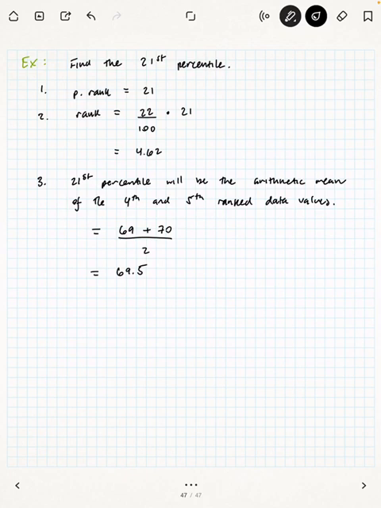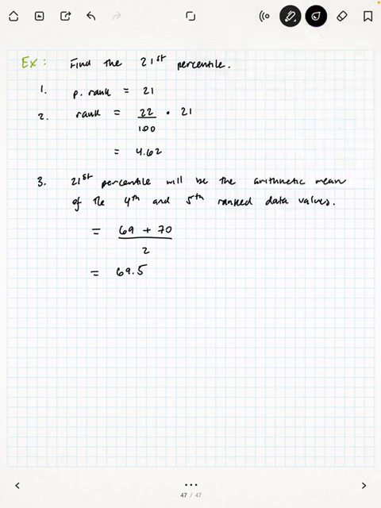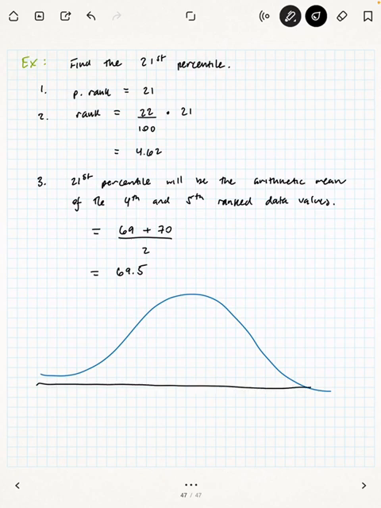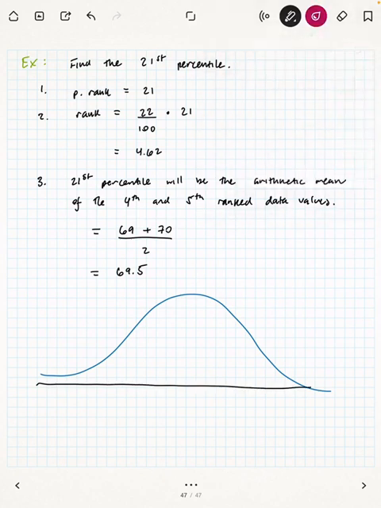And percentiles are really helpful because these give us a natural way to partition our data set. So if we think of this as the distribution, maybe this is the trace of the histogram. Whatever our k is, right? So k being 20 or 45 or 100.